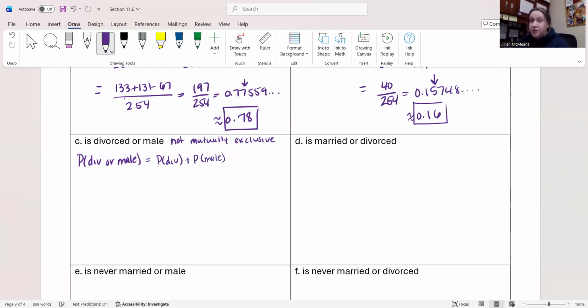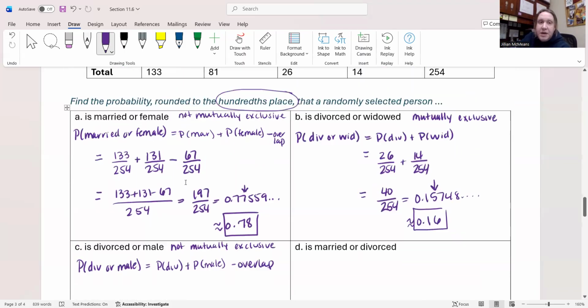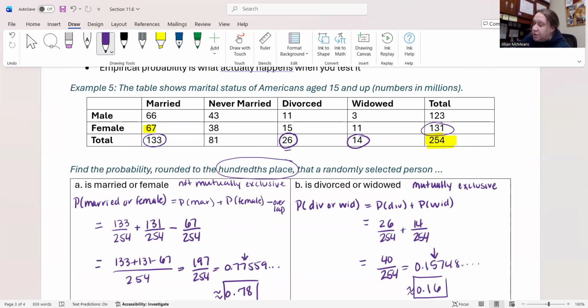But because you can be divorced and male, we can't count you in both pools here. You can't be counted in the divorce pool and the male pool, so we have to subtract the overlap. Now, looking at the table, if I scroll up just a little bit, the number of divorced is 26, the number of male is 123, and then divorced male is 11.